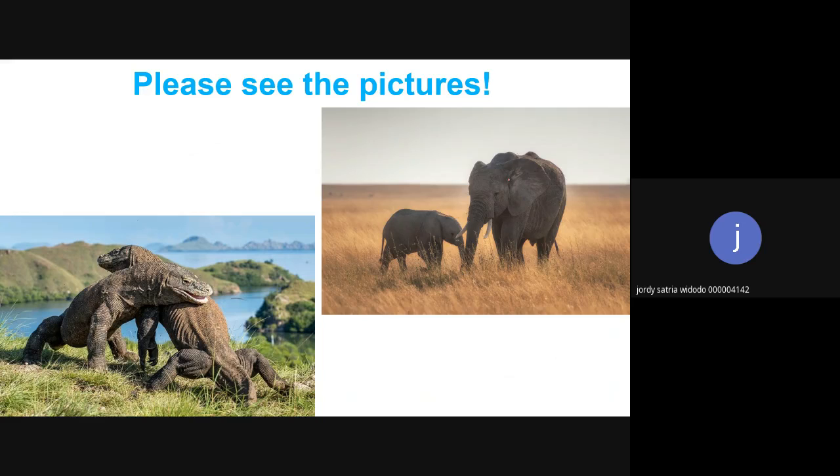Their populations have been decreasing since there are a lot of poaching activities. They are hunted and their ivories are sold all over the world. It is really sad to see that those endangered animals are vulnerable to the attacks of humans. So we need to protect them, of course.